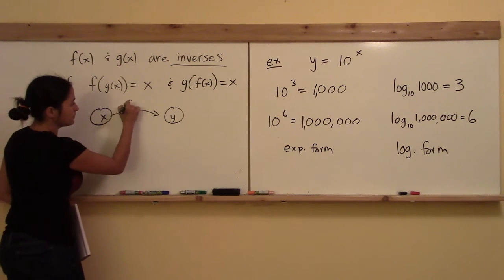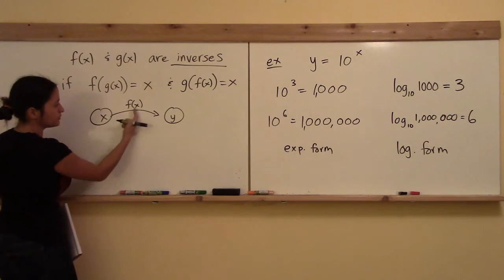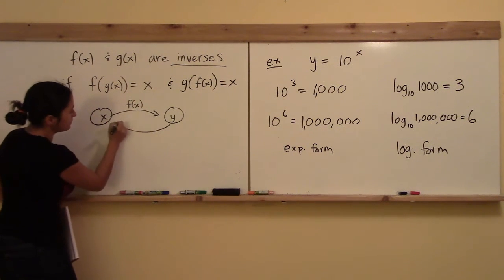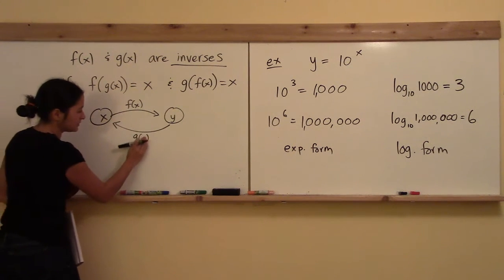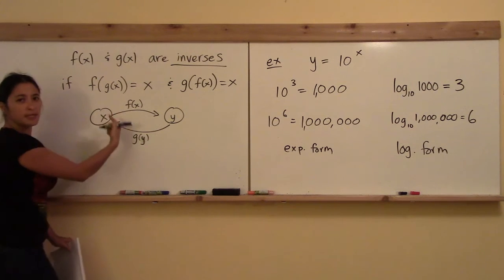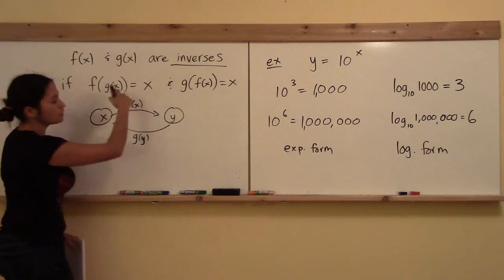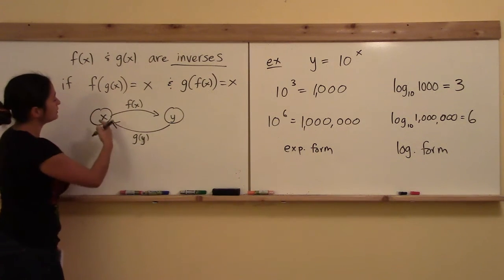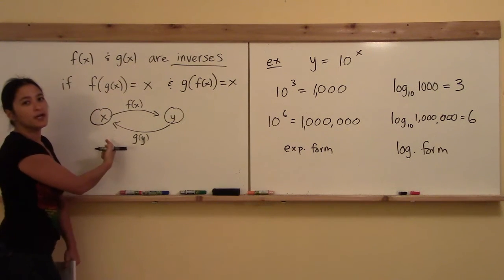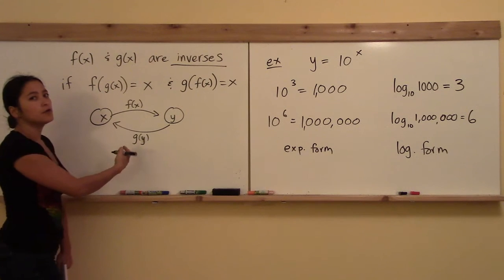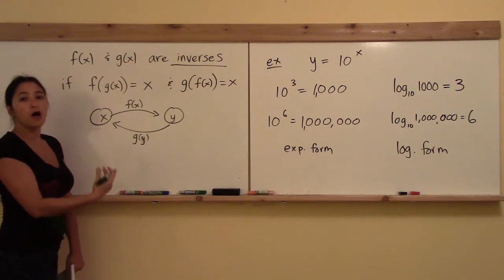And then if we take x and put it in f and it goes over to y, but then we take that and we put it in g, and we get back to x like this, then we would get back where we started. That's why it's called inverses, because you go over somewhere and then you go back to where you started. Okay? And inverses are very powerful because they allow us to solve for x.